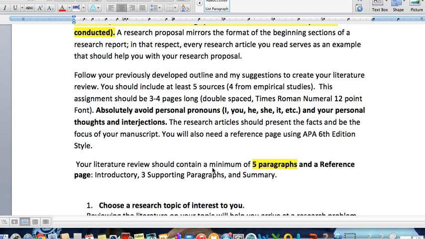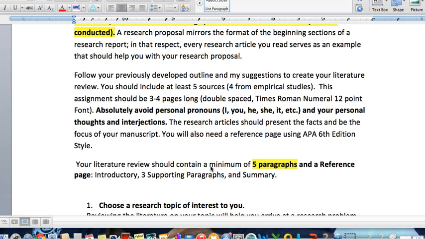So, for example, if your literature review was on problems in elementary science education, the first one might be a lack of science teachers committing to teaching science. The second one might be barriers they experience. And the third one might be things that have improved teaching science, and so forth. But if you have this outline, it makes it much easier to do the literature review.